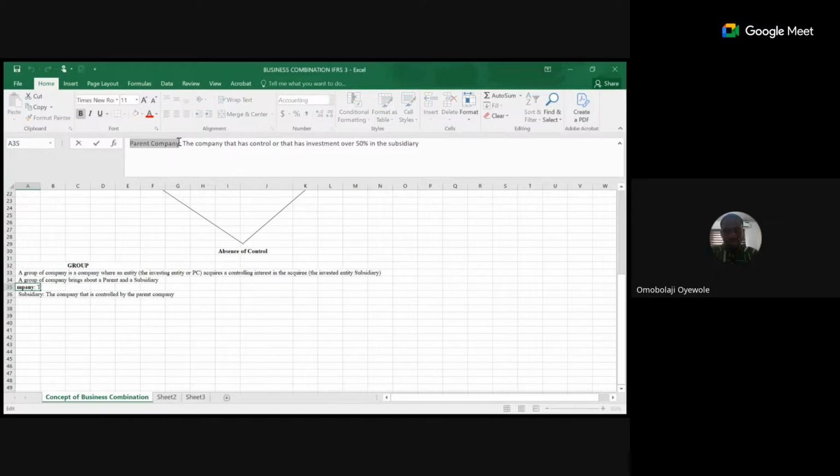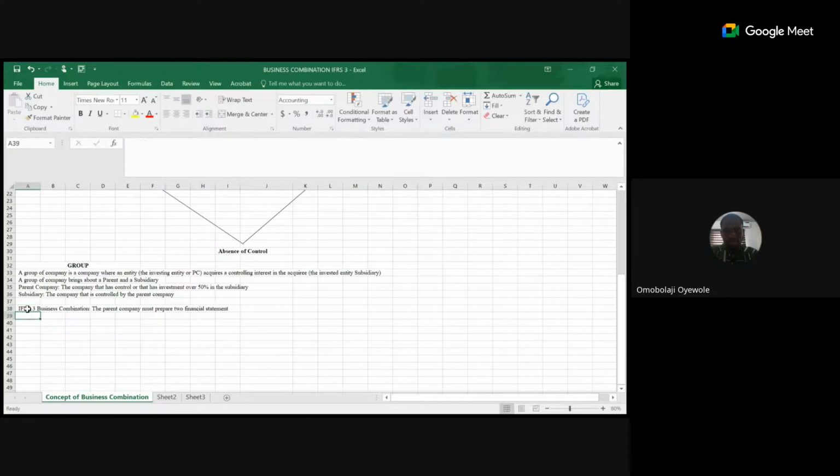So, the rule of business combination is that according to IFRS 3 business combination, the parent company must prepare two financial statements.